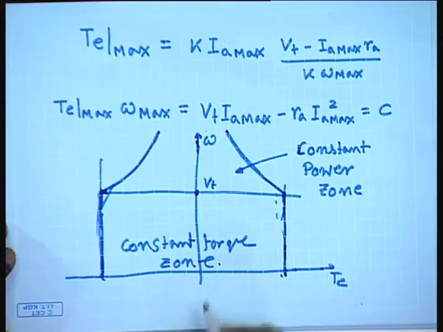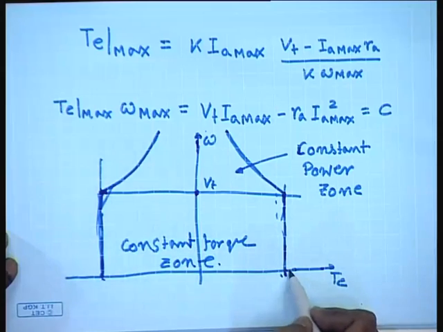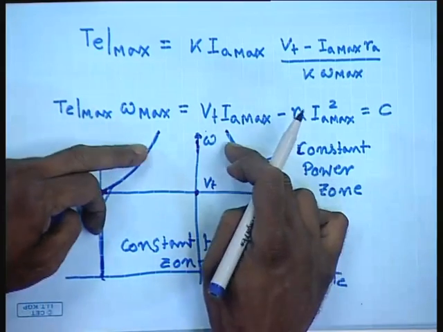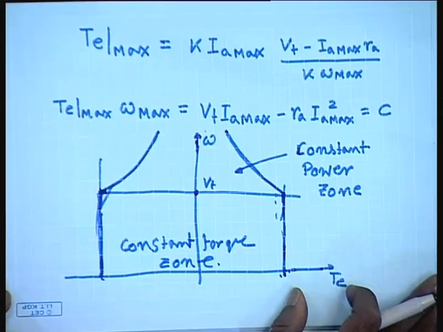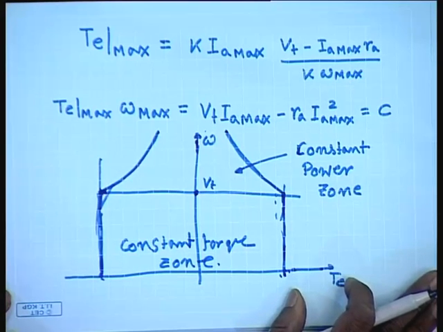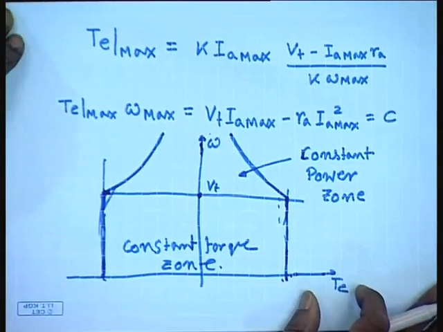The operating point of the DC shunt machine must be within this region, so that the armature current limit is not exceeded, whatever way we may achieve that.